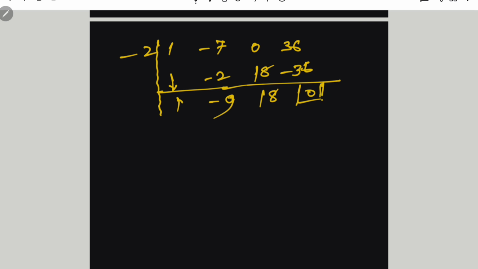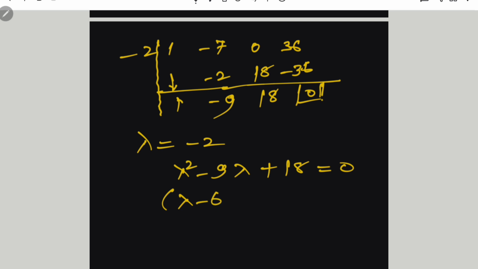And as the last sum is 0, the first value is lambda equals minus 2. The remaining factor is lambda square minus 9 lambda plus 18 is equal to 0. Factors of 18, so that the product is 18 and the sum is minus 9. Therefore, it is lambda minus 6 and lambda minus 3.